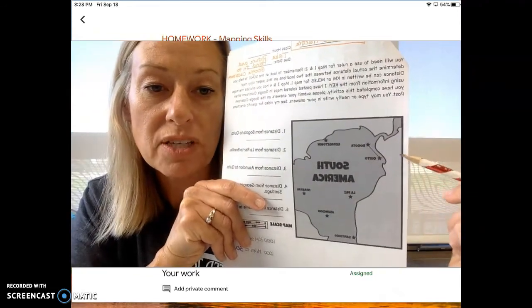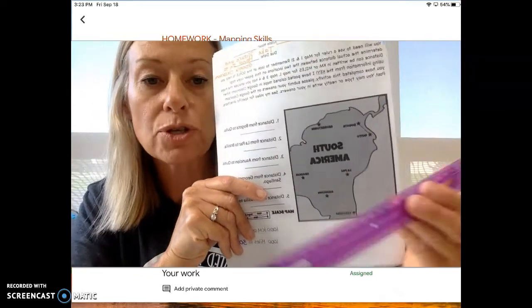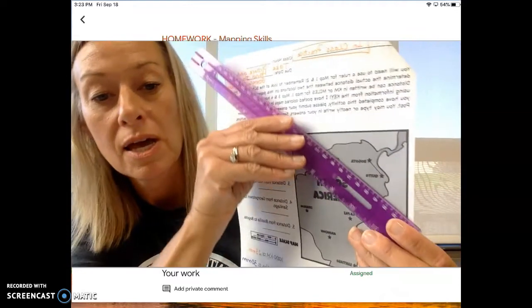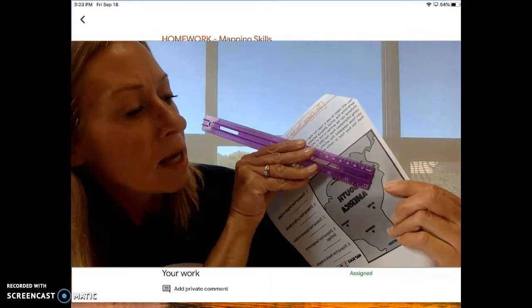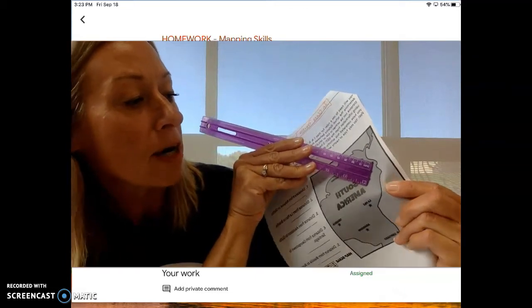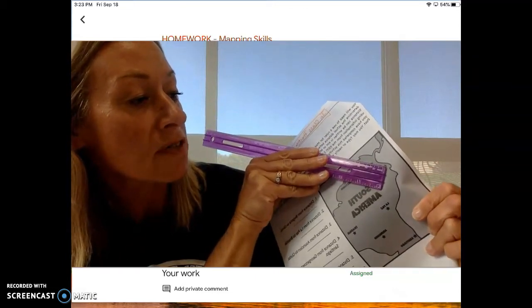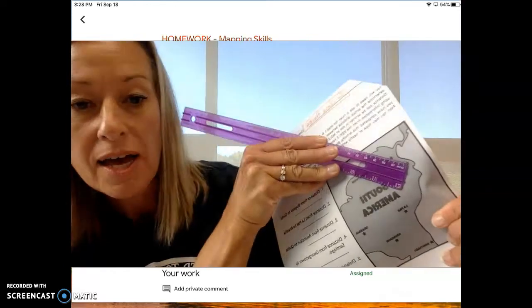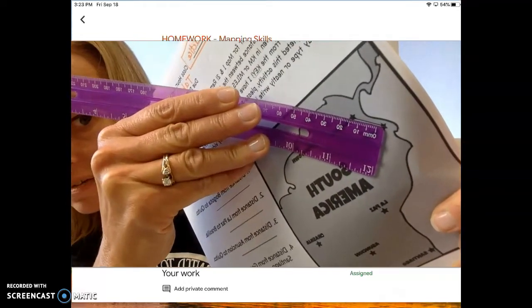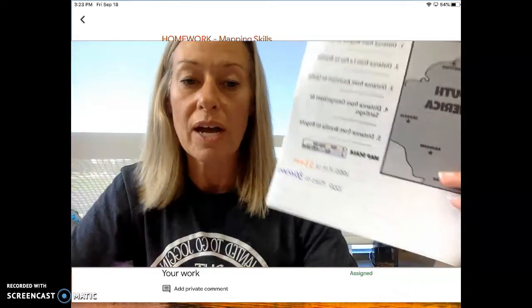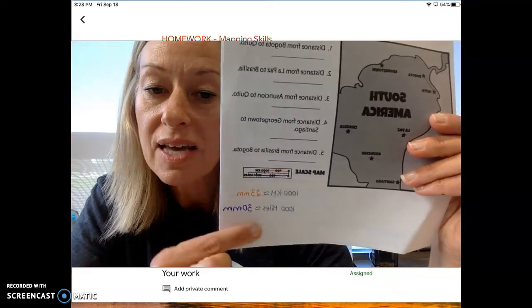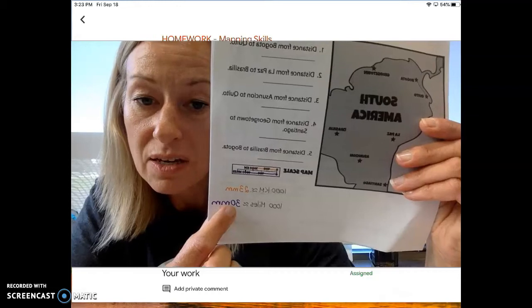Now that I have my straight line drawn in, I'll take my ruler and put it up and start at the 0. I want to measure approximately between the 2 stars, so the middle of the star to the middle of the star. And as you can see, that's 15. Okay, so 15 millimeters. So when I go to my scale, I can say, well, half of 30 is 15.